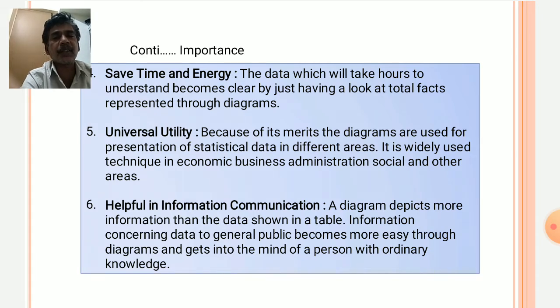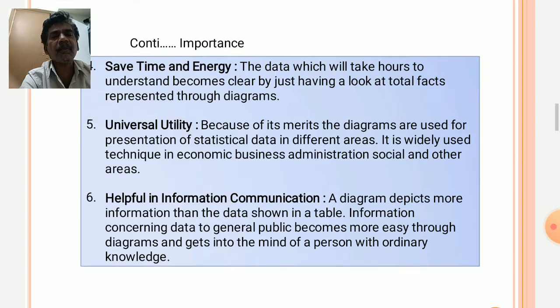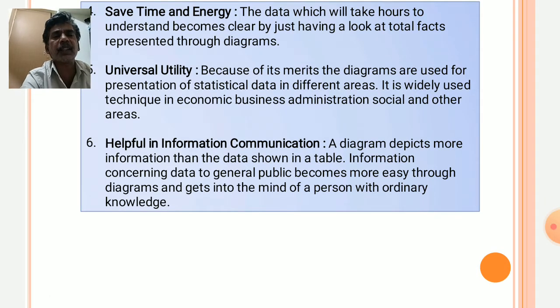And universal utility, this is another importance of diagrams. Because of its merits and uses, diagrams are used for presentation of statistical data in different areas.